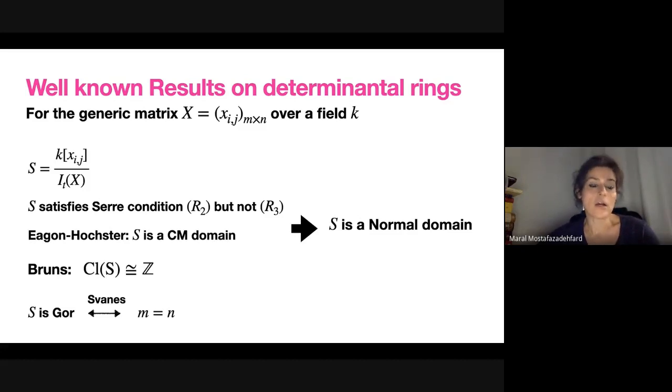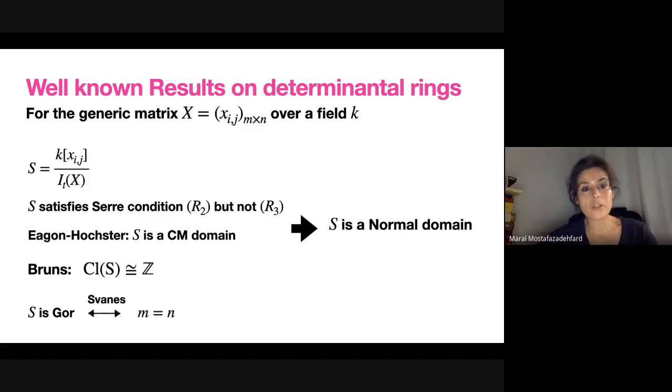Also, they satisfy the condition R2, and Hochster and Eagon have shown that they are Cohen-Macaulay domains, so they are Noetherian normal domains, and Bruns actually determined the divisor class group of this quotient ring, which is the integers.